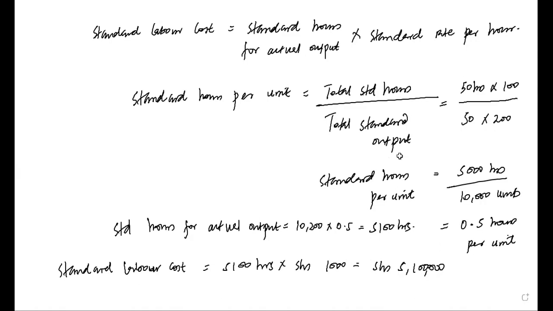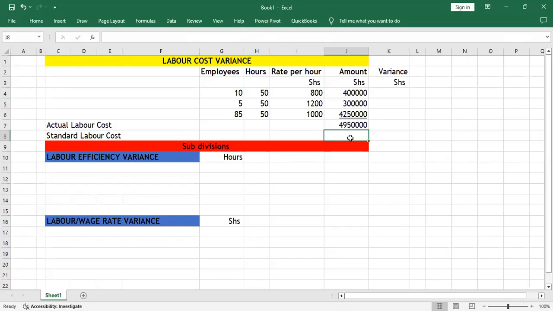So the standard labor cost is shillings 5,100,000. So you see we have the actual labor cost, and then you also have our standard labor cost. Now, what is the variance? The variance is the difference between these two.